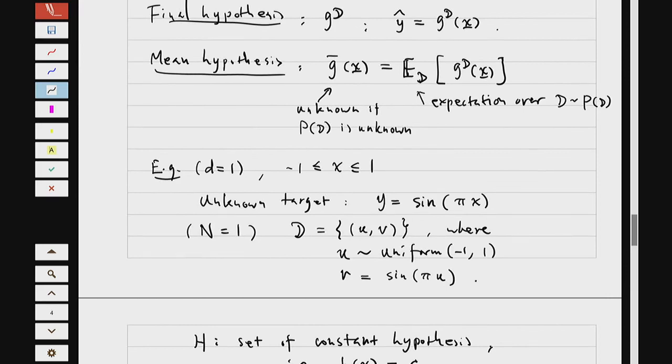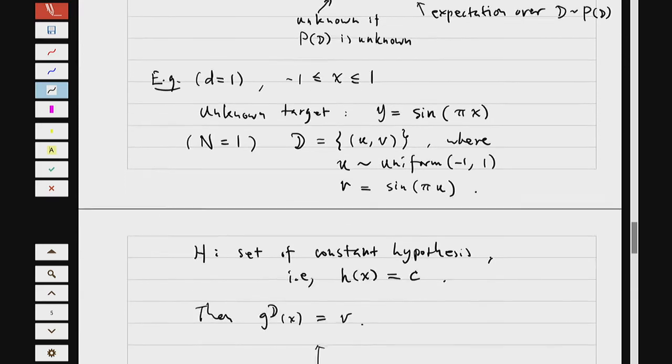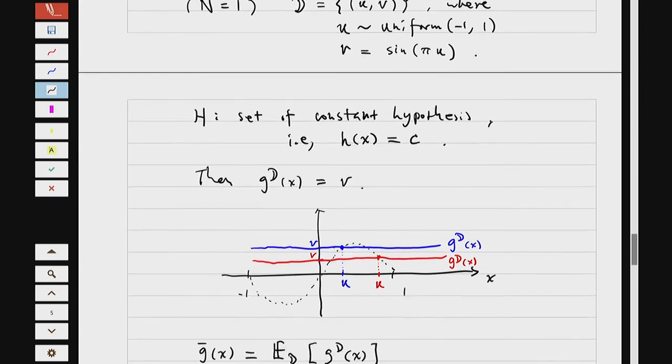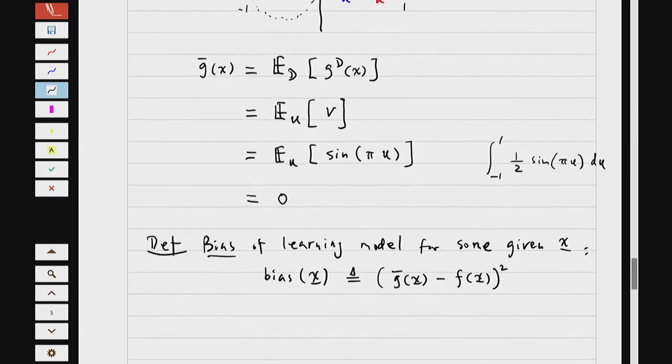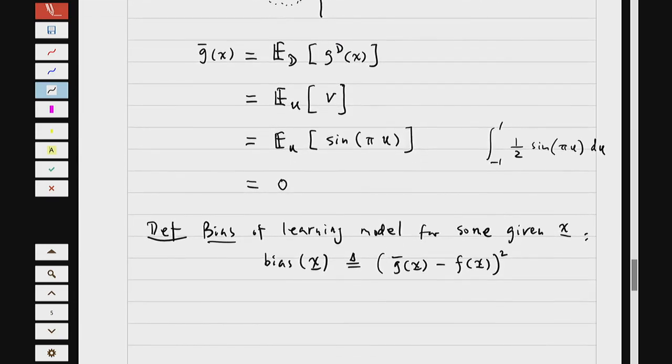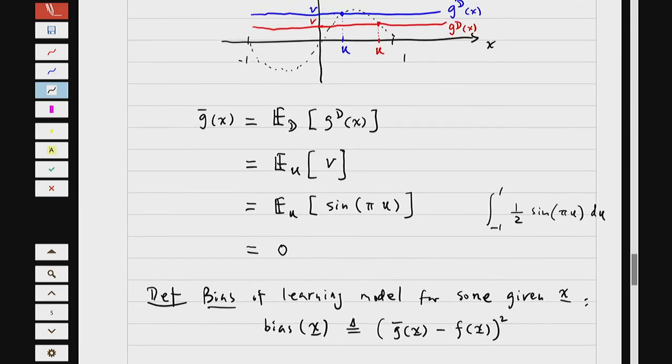We're just doing analysis of what it can be. This is in general: the average is 0, but we don't know what training data points we get.